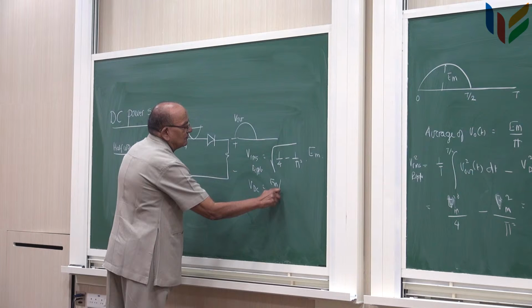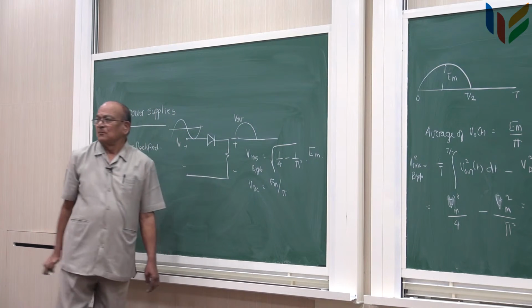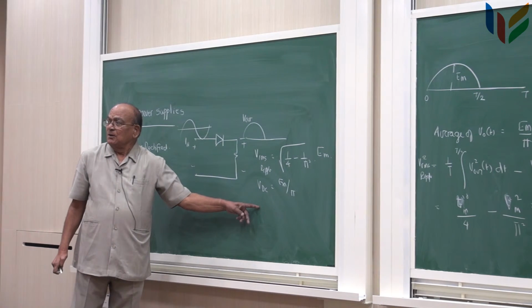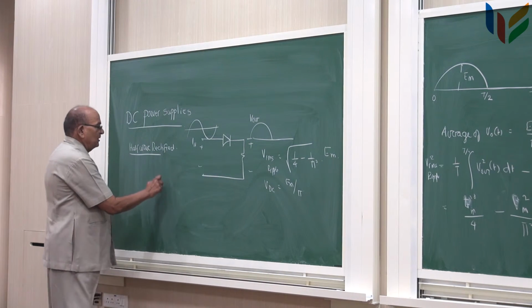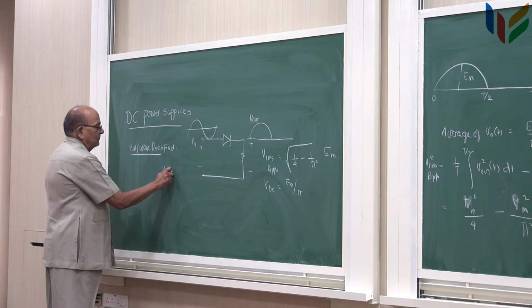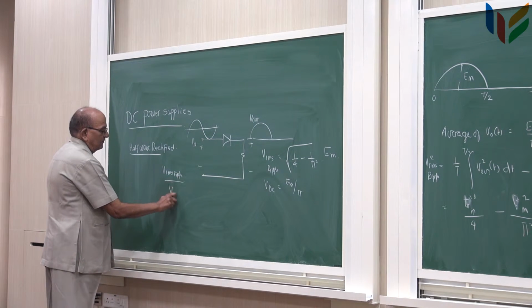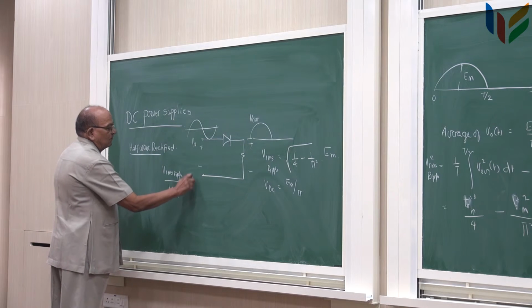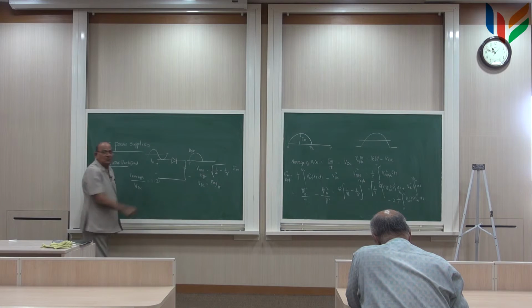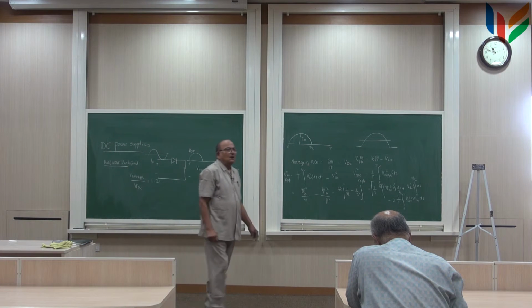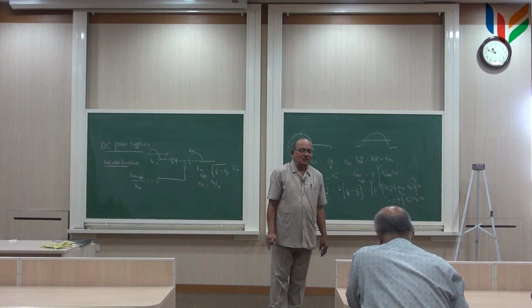Em by pi. So if you compare this with respect to VDC, the ratio comes out to be 1.21. If you do this calculation, so it's a very bad power supply.